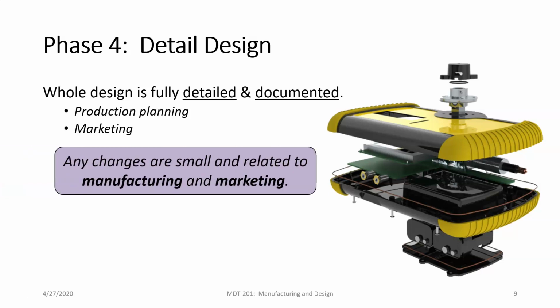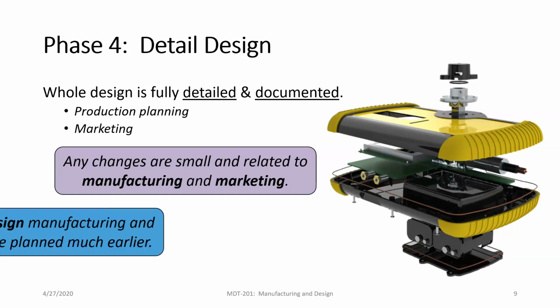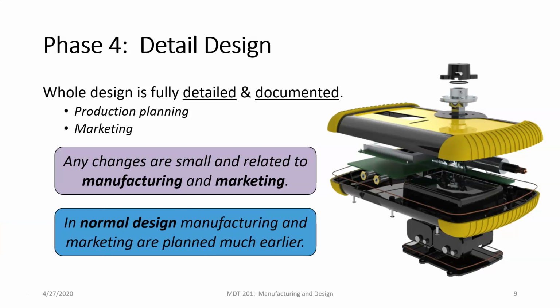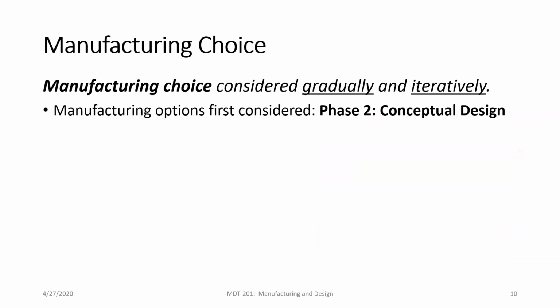Any changes at this point should be related to manufacturing and marketing. All right, and they should be small. Any large changes at this point, and that's problematic. All right. In normal design, that is, when you're redesigning something, manufacturing and marketing are planned much earlier.